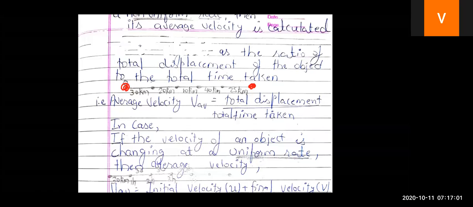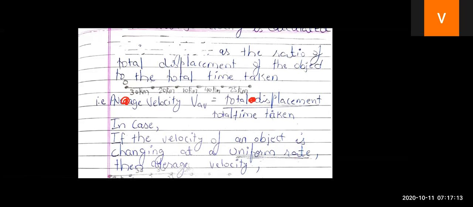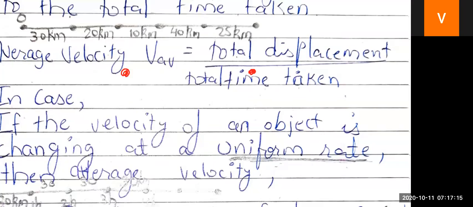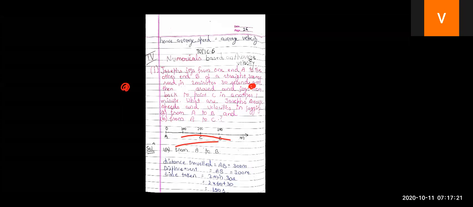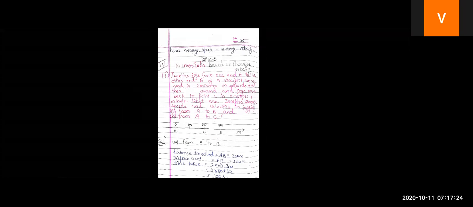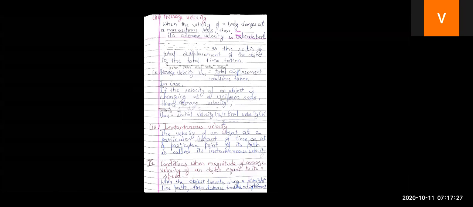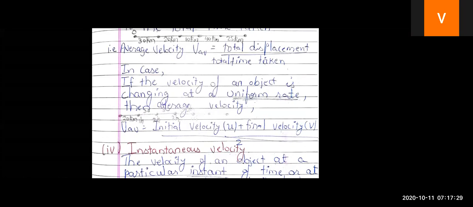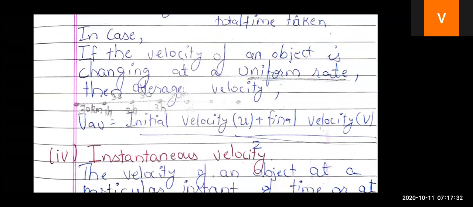Now let's see, in case of uniform rate, means if your object is traveling equal distance in equal intervals of time, and that too the object is moving in the same path, then how can we find the average velocity? Right, children? That is this case. So this is the path of the object, right?